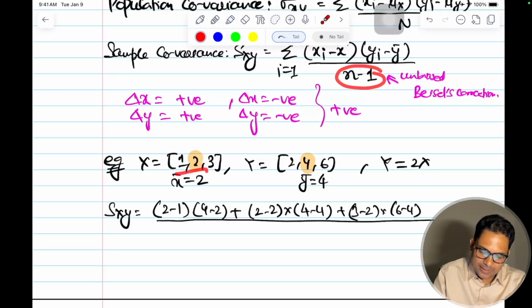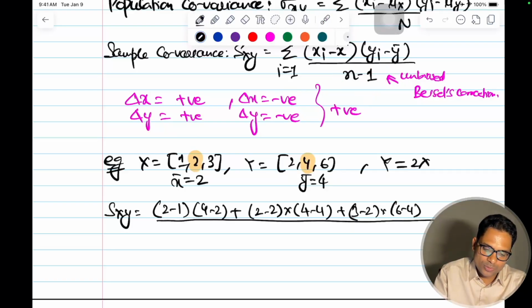N is 3, but we'll use an unbiased estimate, so we divide by 3 minus 1, which is 2.